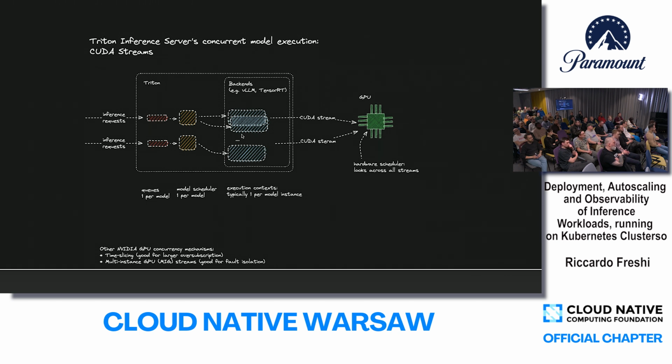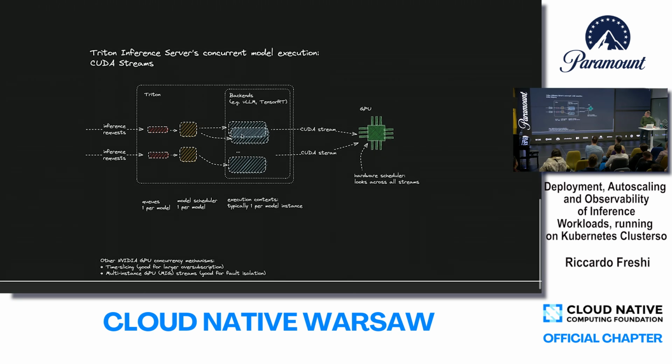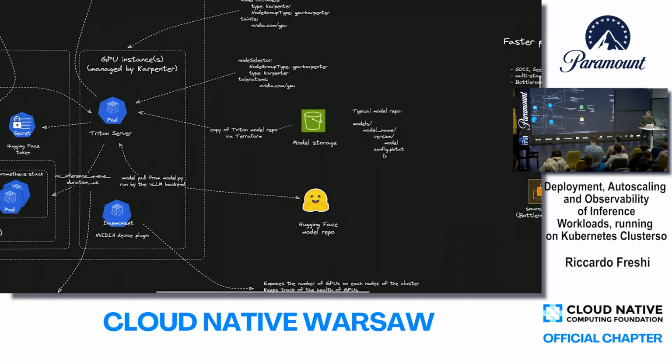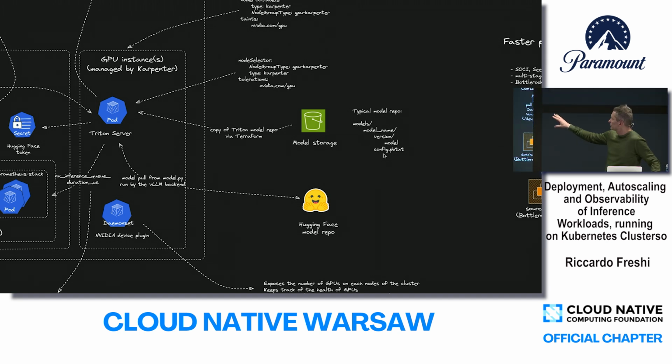You mean, you defined the models, if you remember, here. Triton by default loads all of them. I think there might be a parameter you can set to tell Triton to load only certain models, but I'm not sure.